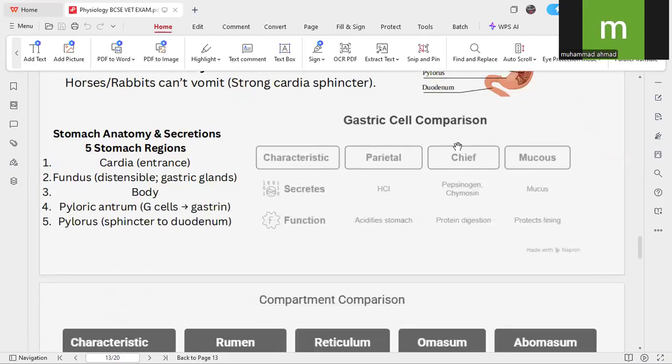There are different cells involved in digestion in the stomach: parietal cells secrete HCl, acidifying the stomach, chief cells secrete pepsinogen, chymosin, for protein digestion, and mucus cells produce mucus and protect the lining of the stomach.